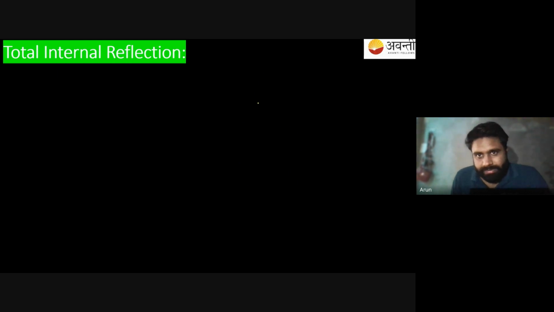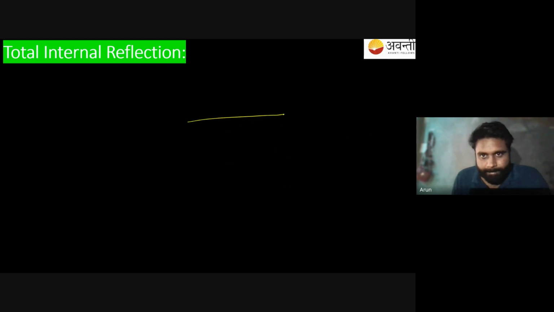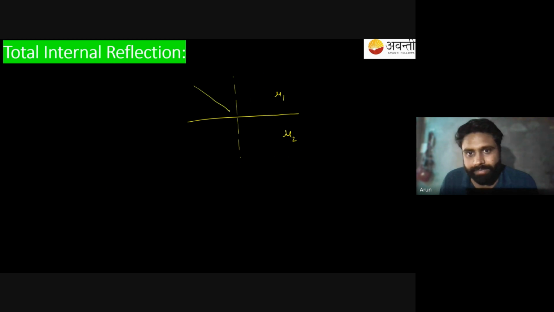Look, if this is the surface that I have, and the refractive index is mu1 above the surface and mu2 below the surface. If a ray is coming, this is the normal, and it is getting refracted, and if mu2 is less than mu1, what will happen?